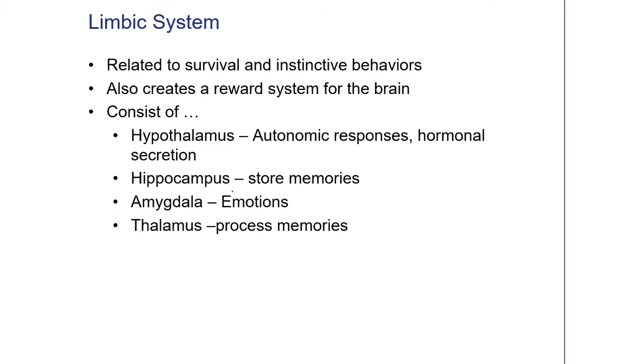And how you feel about certain situations, the feelings that you get, the happiness, the anger, the frustration, pleasant feelings, all those emotions are going to be processed by the amygdala.